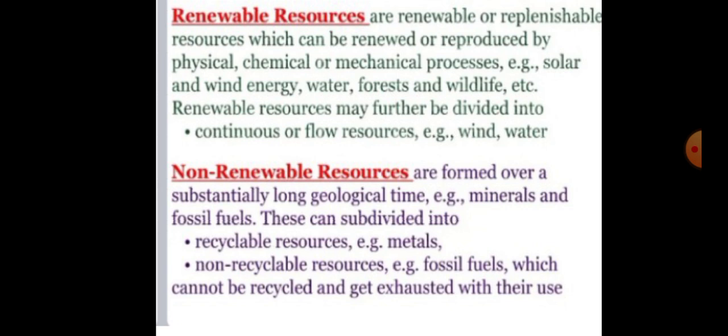So, usage is very easy, but once they are used up, we cannot use them again. They don't exist. These can be subdivided into recyclable, for example metals, and non-recyclable, like fossil fuels, which cannot be recycled. For example, coal, when we use it, becomes ash.